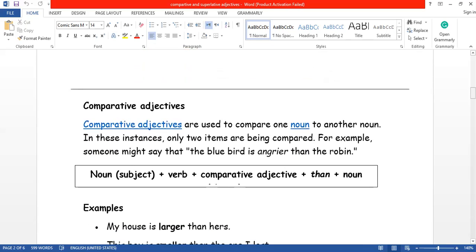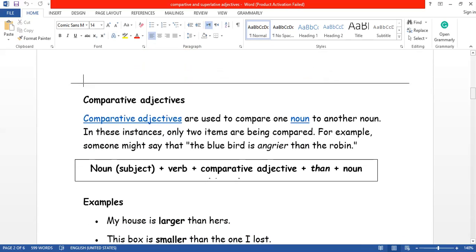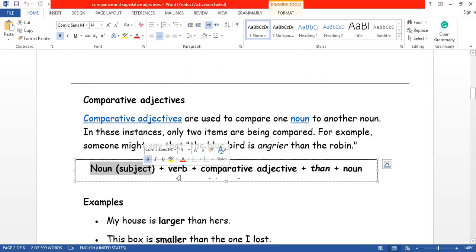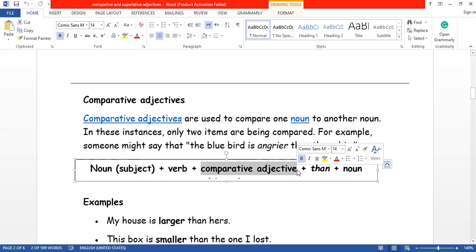As I said in our previous class, here is how to form a sentence that has a comparative adjective: we have the first noun, verb, comparative adjective, then than, and a noun. For the comparative adjective, we add er at the end of the adjective, and we use than.